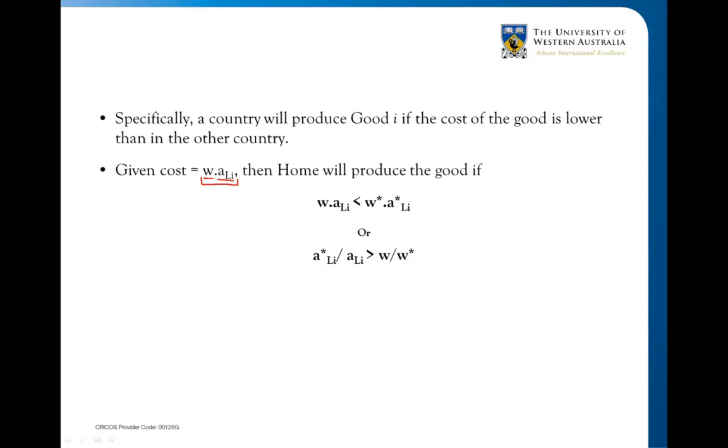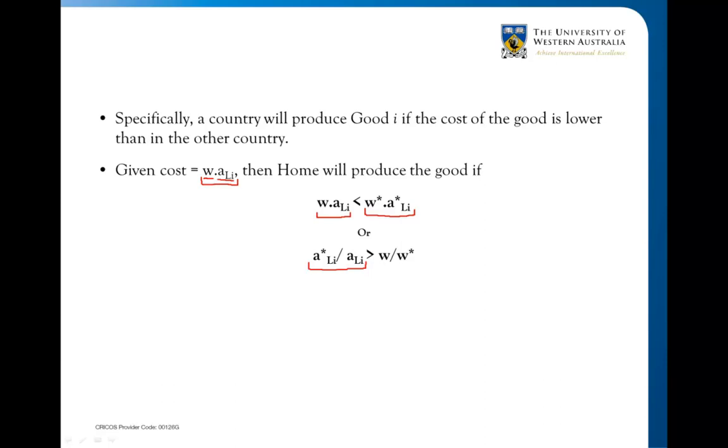Right. So home is going to produce the good if that cost is less than the cost of the same good in the foreign country. Or again, you can rearrange those terms and look at the relative labour productivity with respect to this good, in terms of the foreign country divided by the home country.